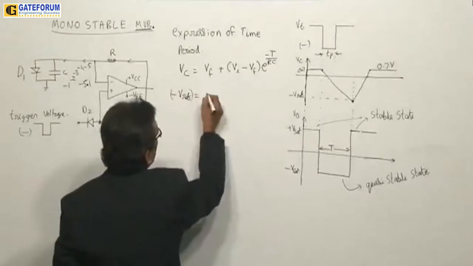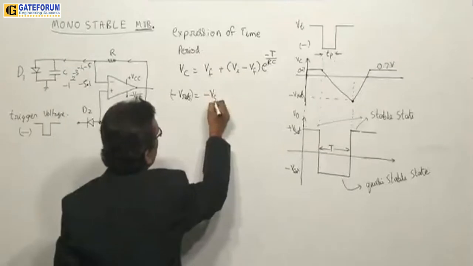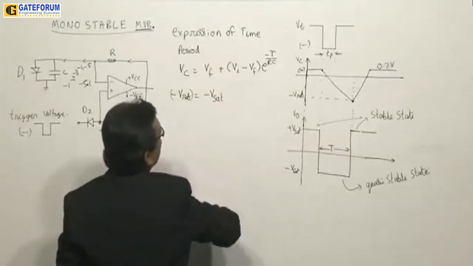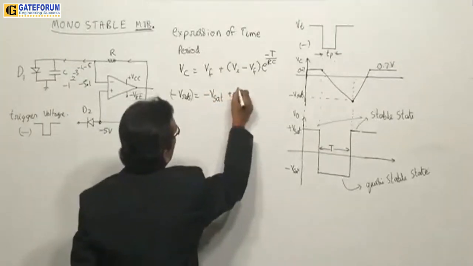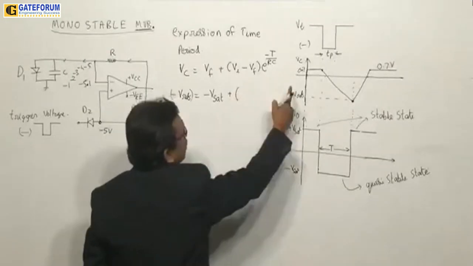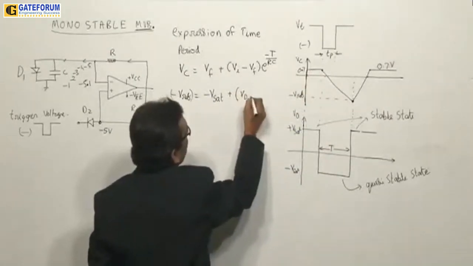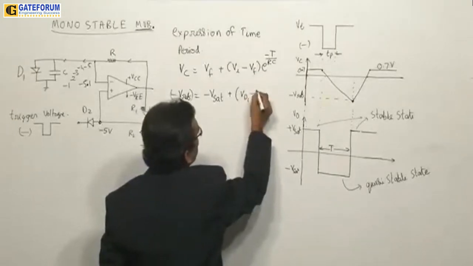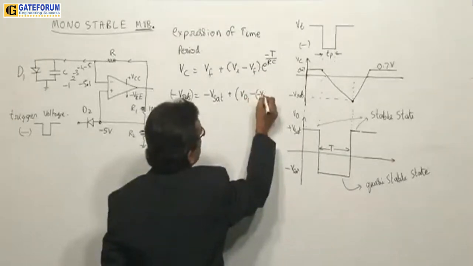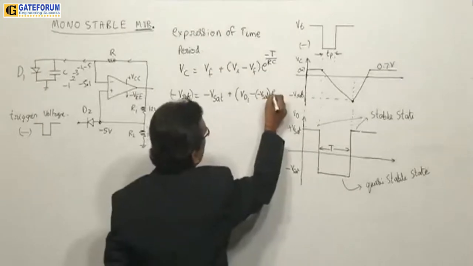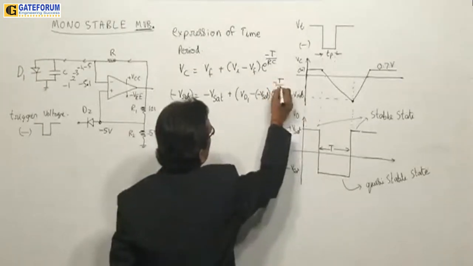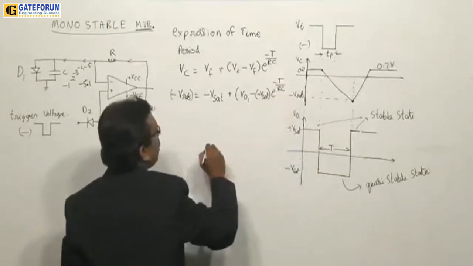Now, the capacitor V final voltage, if opportunity is provided, then the capacitor will charge up to minus Vsat. The capacitor voltage initially is fixed to 0.7 volts. So this is voltage across diode D1, and V final is again here minus Vsat. E power minus t by RC.